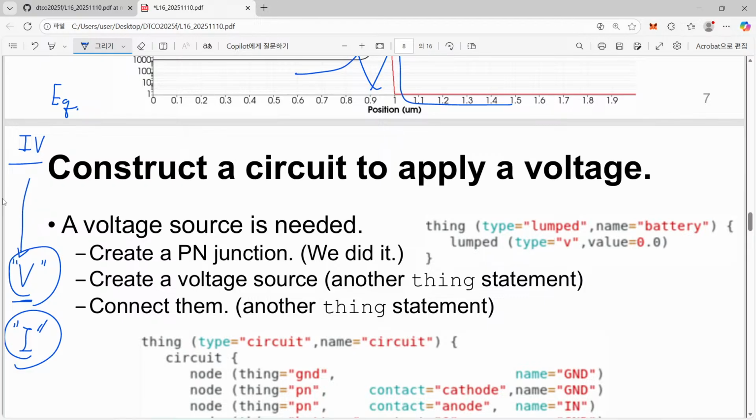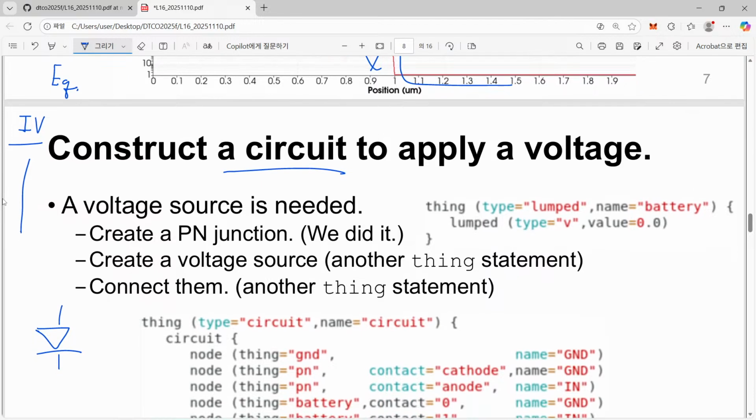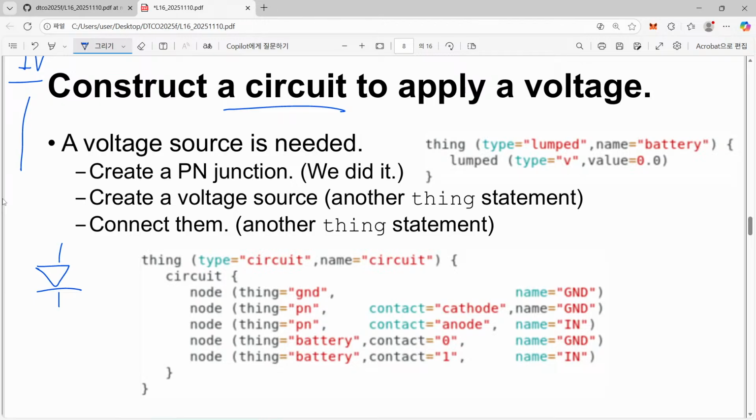So how can you do that? For that purpose, we must construct a circuit. Here we have a PN junction. However, with only this PN junction, we cannot apply a certain voltage.